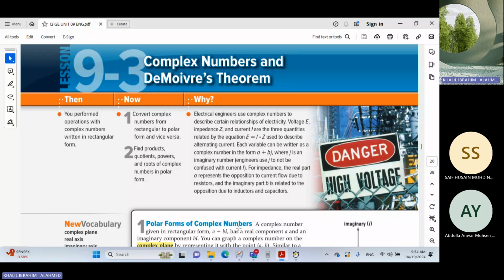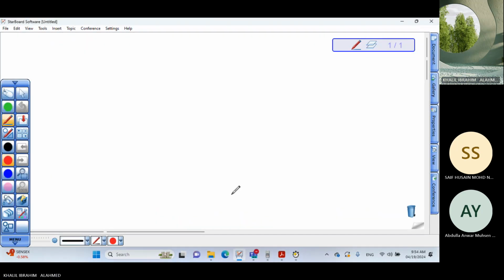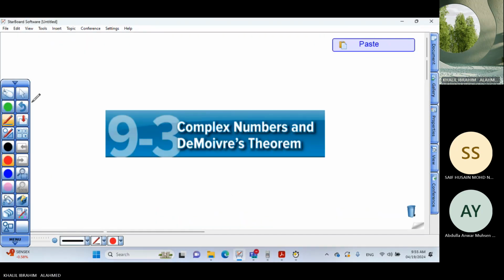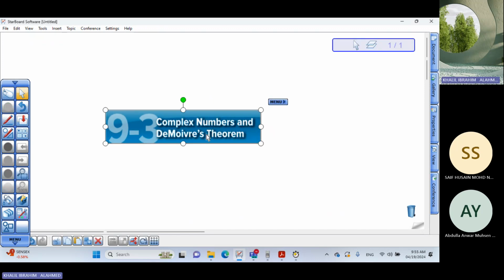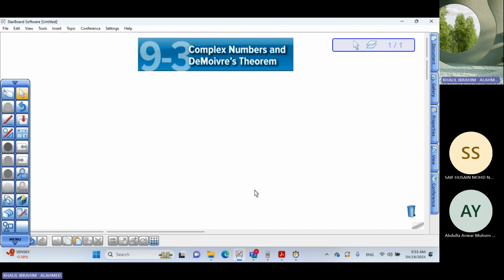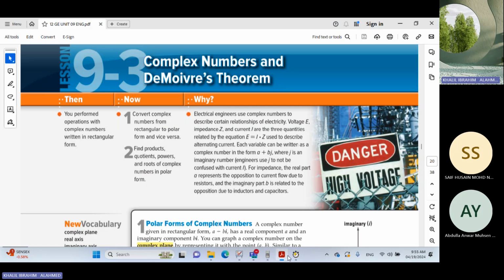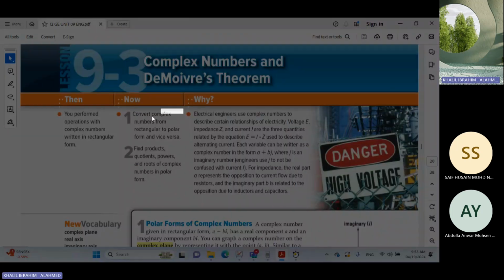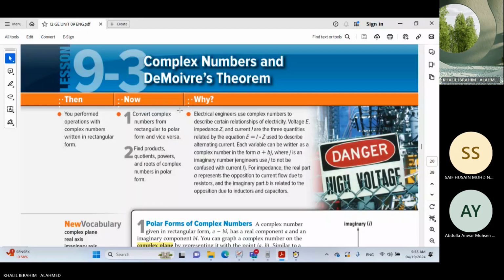Complex numbers. In this lesson we have two goals, but maybe we can achieve the first goal.